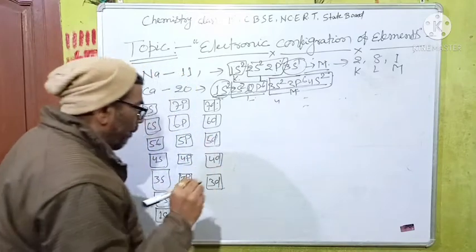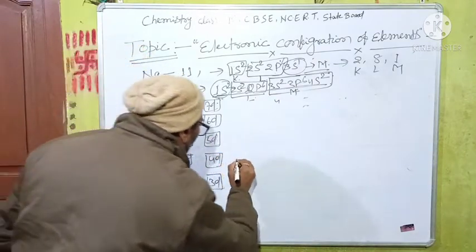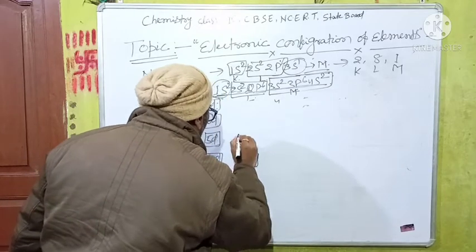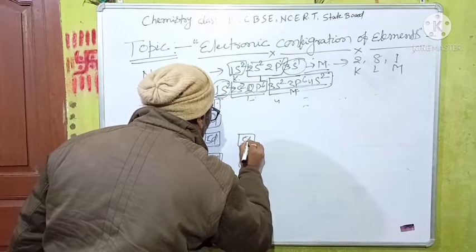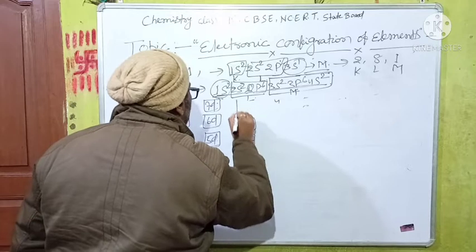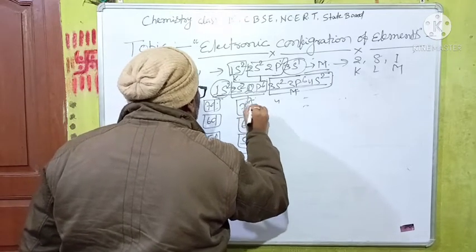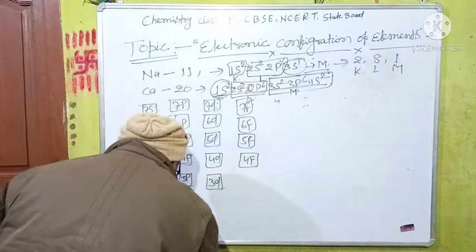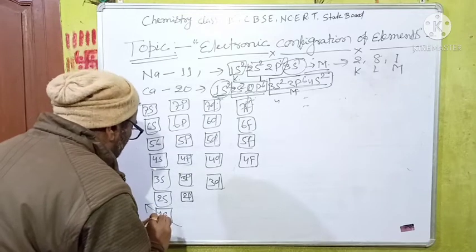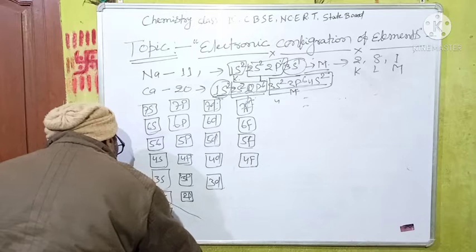Then the F suborbit starts from the N orbit, so we write 4F, 5F, 6F, 7F.